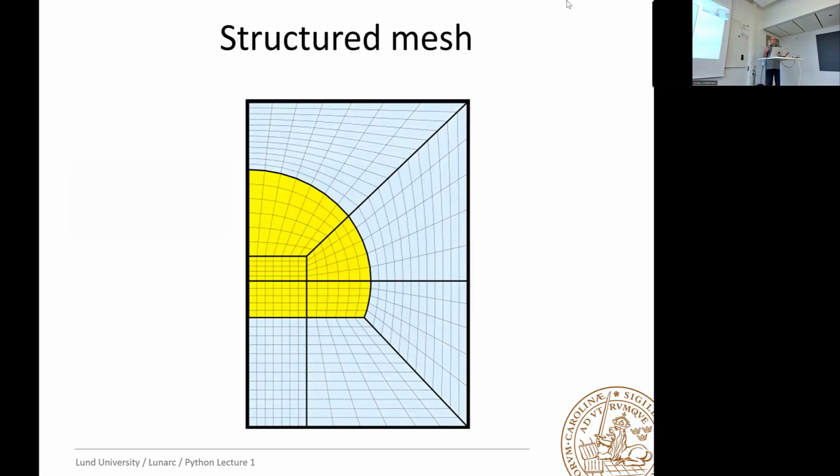As I said before, you can create quite complicated geometries using structured meshes, but you have to divide your area into subdomains. So here you have super elements. You have 4 sides, 1, 2, 3, 4. But you have a curve on one side, and then you can specify the number of elements on this side and on this side here. And then you can put them together.